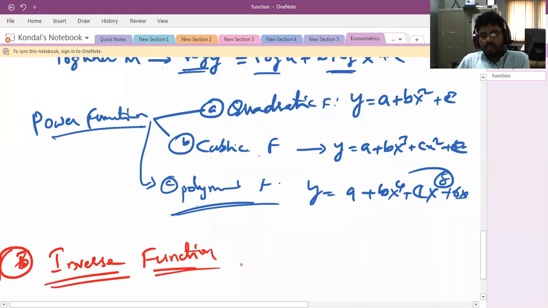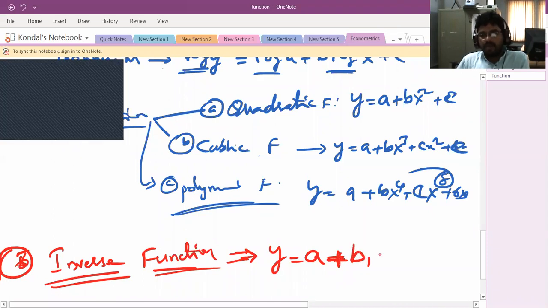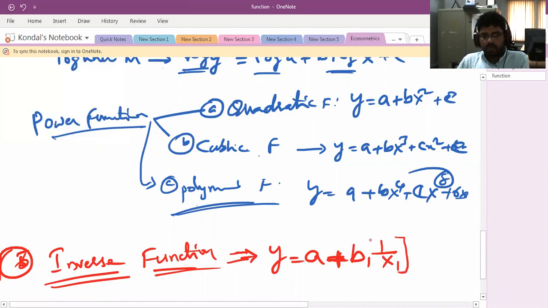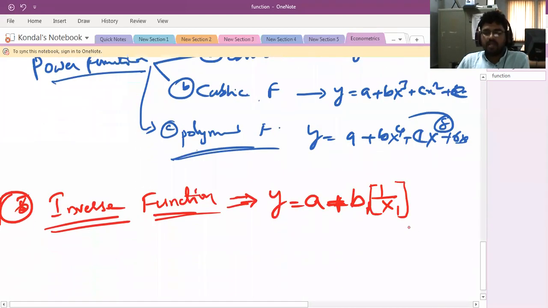The inverse function should be like this: y is equal to a plus b into 1 by x. This is the inverse function. It means b is multiplied by the 1 by x value. Whatever the x value is there, we should divide 1 by it.